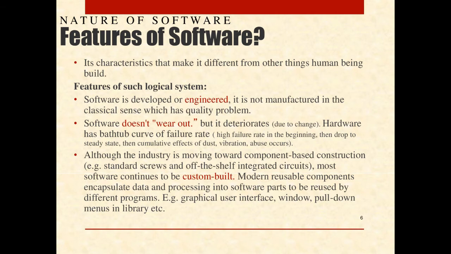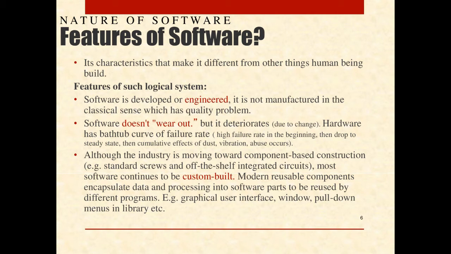Features of software. Its characteristics make it different from other things human beings build. Features of such logical systems are as follows. Software is developed or engineered. It is not manufactured in the classical sense, which has a quality problem.